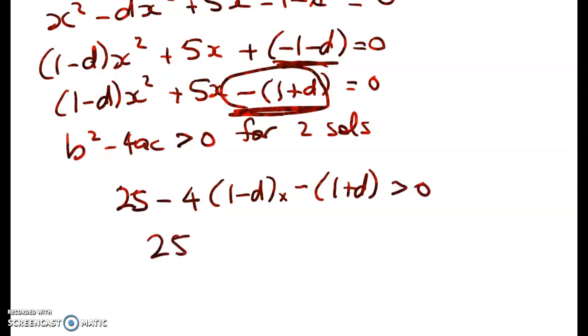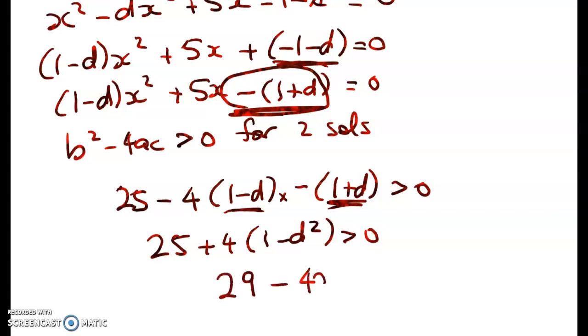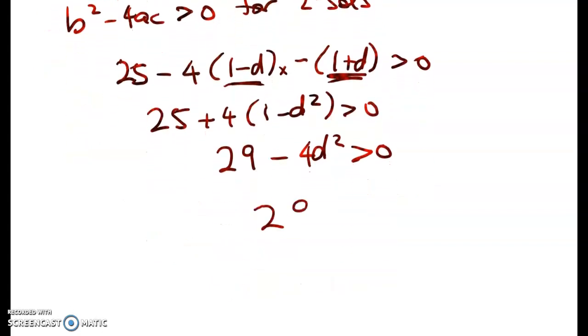So 25 plus 4 times this, which is 1 minus d squared, is greater than 0. That gives me 29 minus 4d squared, strictly greater than 0. 29 is greater than 4d squared. 29 over 4 is greater than d squared.